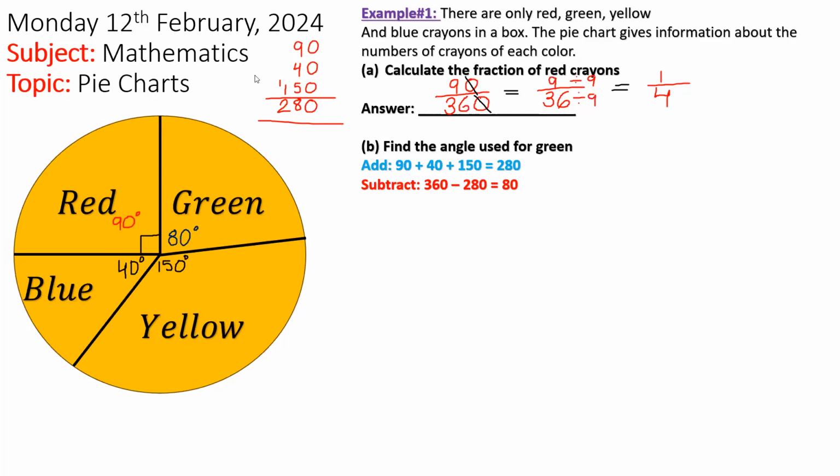To do this, we're gonna add 90 plus 40 plus 150, which equals 280, and we're gonna subtract it from 360 because the angles in a circle are supposed to equal 360 degrees. When you add all of the given angles, it equals 280, and 360 minus 280 equals 80 degrees. Very good.